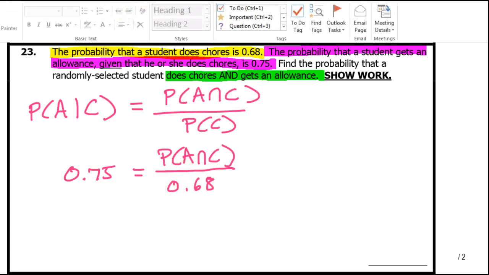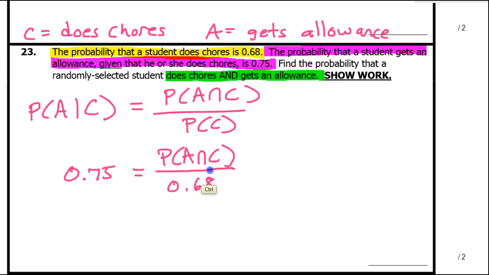When you want to solve an equation like this, we're trying to get the numerator by itself. All you have to do is multiply both sides by the denominator. So I'm going to multiply by 0.68 on both sides, because that is going to cancel out the 0.68 and get this by itself. So all I really have to do is multiply these together.